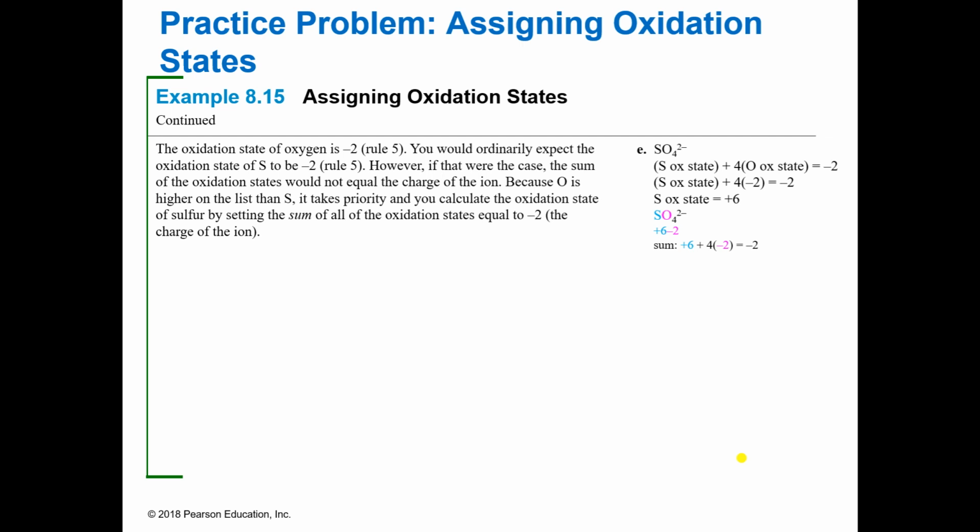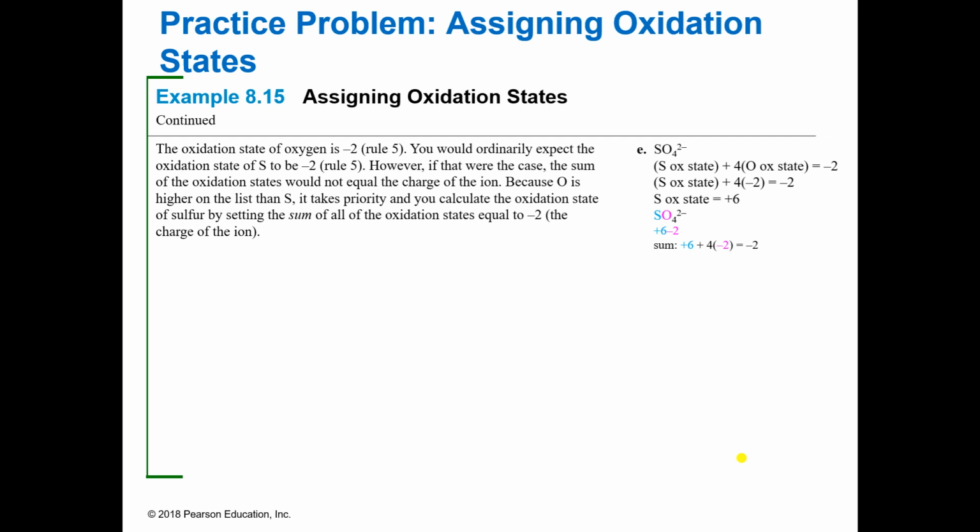SO4 2-. This is where we have to set all the oxidation numbers of the S and the O equal to -2, because it is overall charged. And therefore, we can just, again, set up a quick algebraic equation. We don't know what sulfur is, but because we do know what oxygen is, we can figure out sulfur. So we know oxygen is 2- and that there are 4 of them, and that, plus whatever sulfur is, must equal -2 because the entire ion is overall charged.